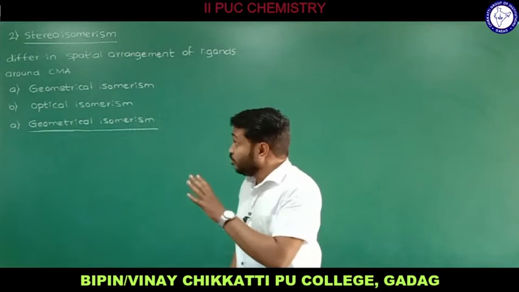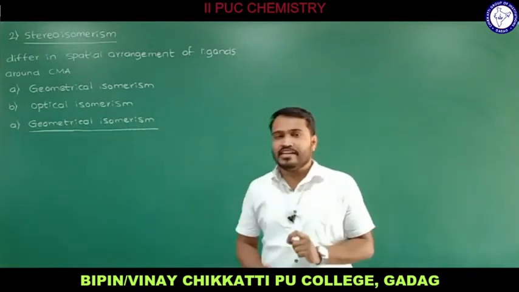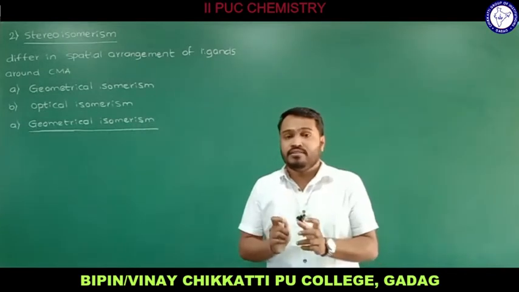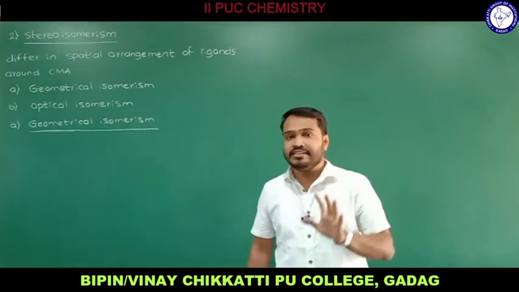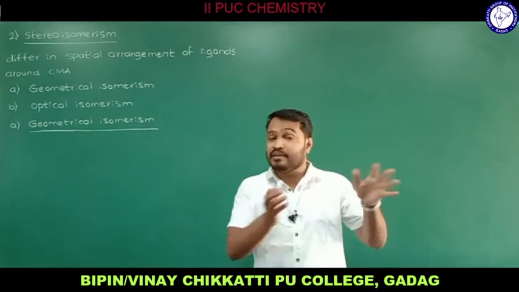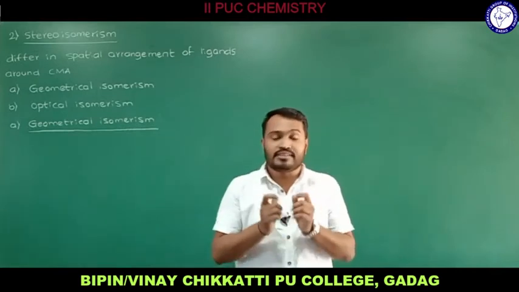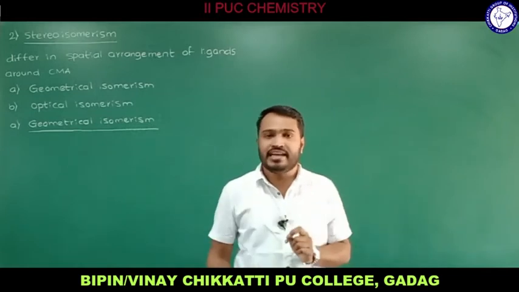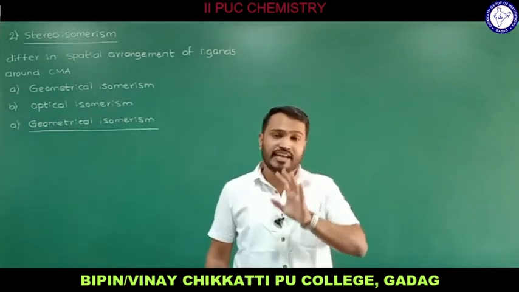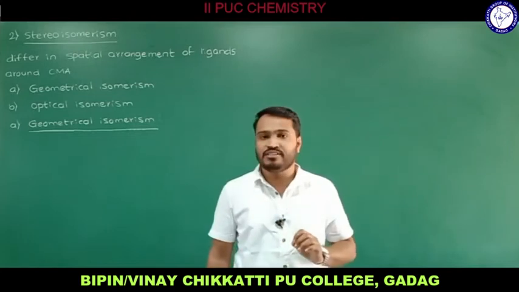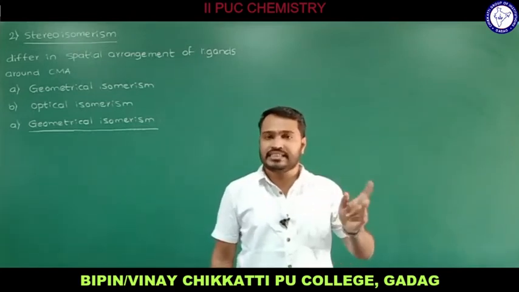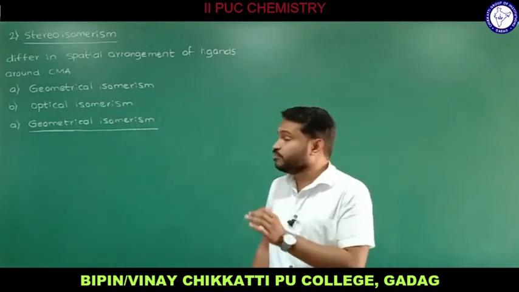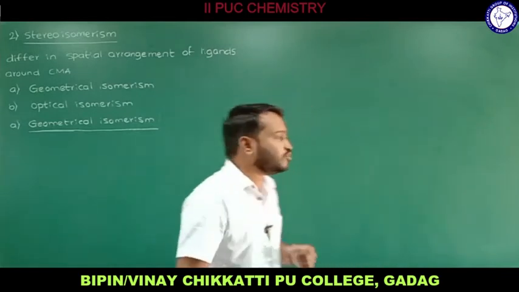In geometrical isomerism, of course, the molecular formula will be the same, but the position of ligands is going to be different. Some ligands are adjacent to each other, some ligands are opposite to each other. Based on the position of the ligands, we have two subtypes in geometrical isomerism. One isomer we call cis, and the other we call trans. Therefore, geometrical isomerism can also be called cis-trans isomerism.